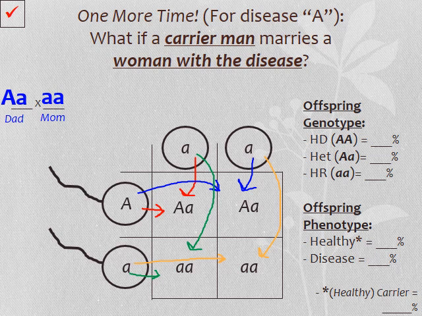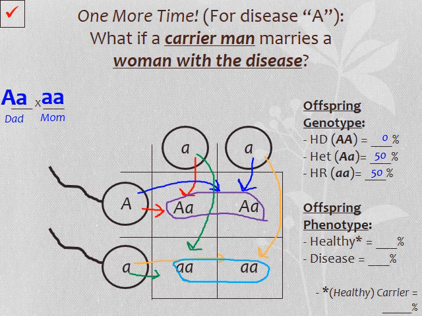So if we go ahead and do the genotypes here, for homozygous dominant, that's a 0% chance, there's no big A. If we're looking at heterozygous, in this case, the upper and lower case, there's a 50% shot. Whereas if we look at the homozygous recessive, little a, there's a 50% chance.